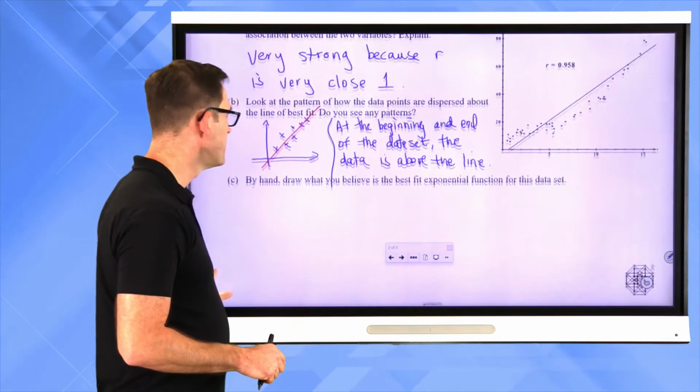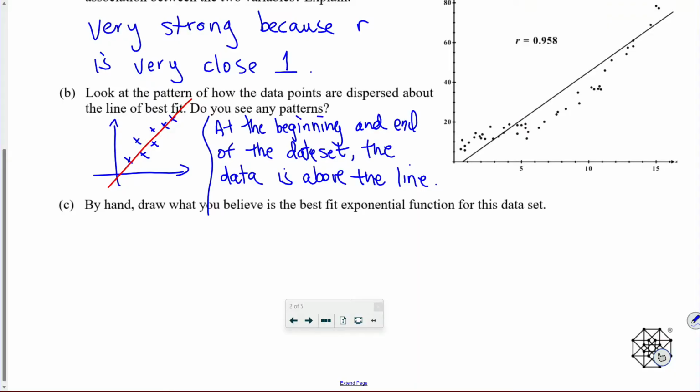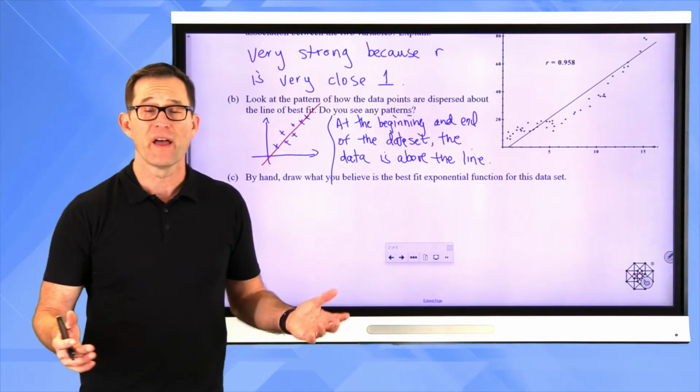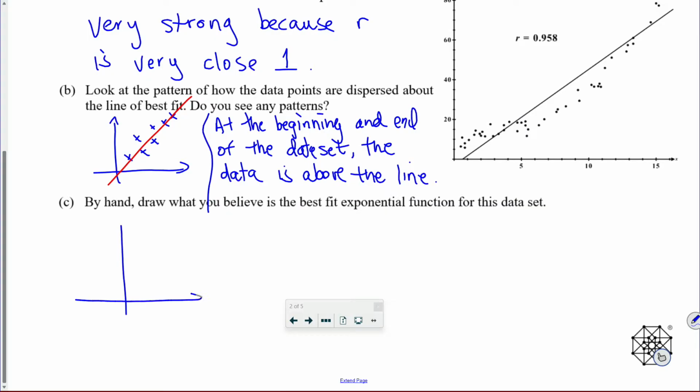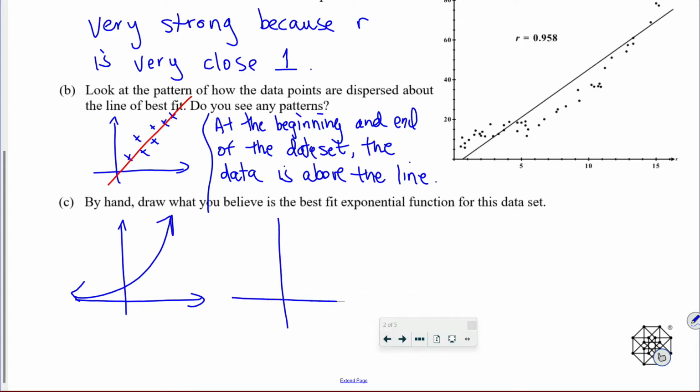So letter C, by hand, draw what you believe is the best fit exponential function for this data set. Now remember, true exponential functions either look like this, they're increasing, or they look like this, they're decreasing.